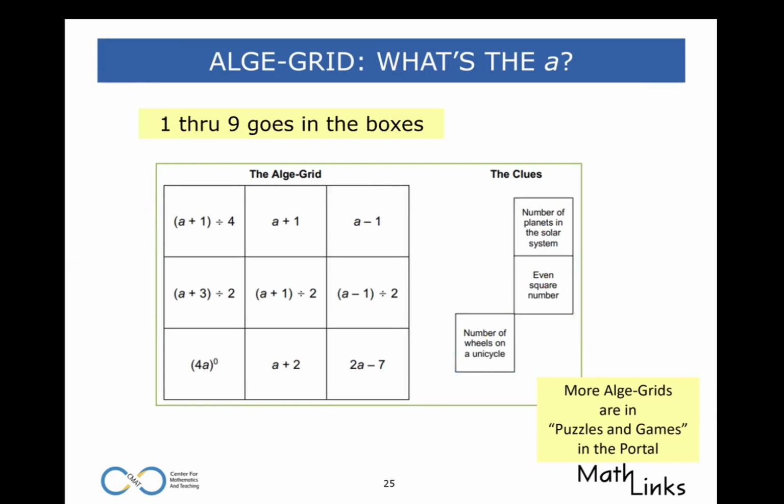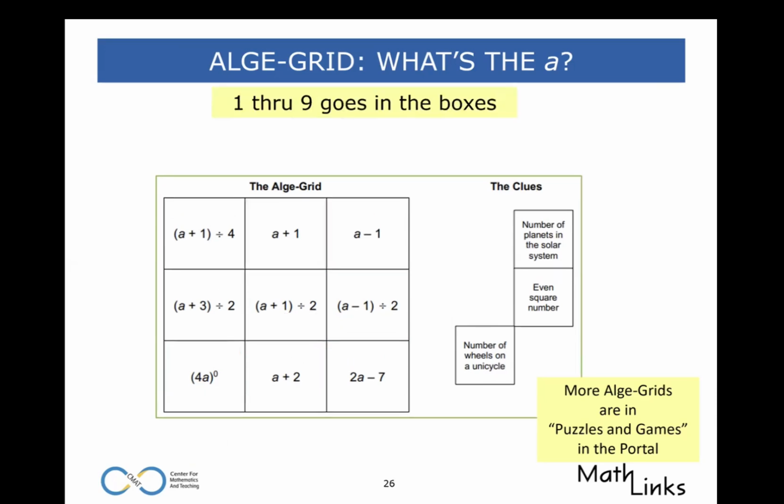Given the configuration of the clue squares, students can assume that 8, 4, and 1 go either here or here. They won't fit anywhere else. Let's try the clue values here first. If A minus 1 equals 8, A must equal 9.